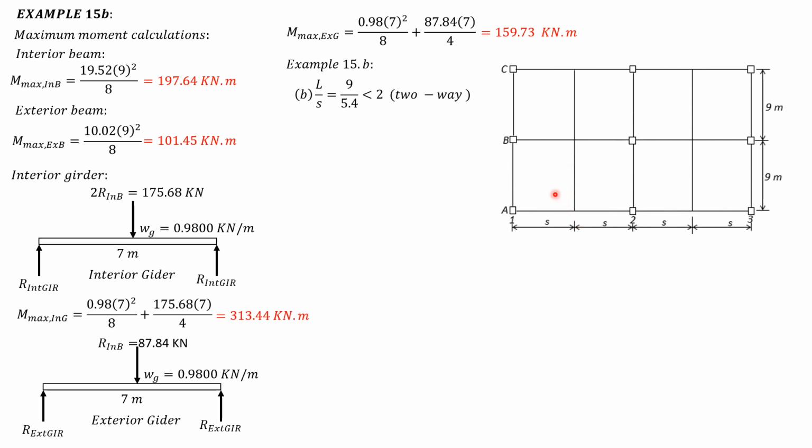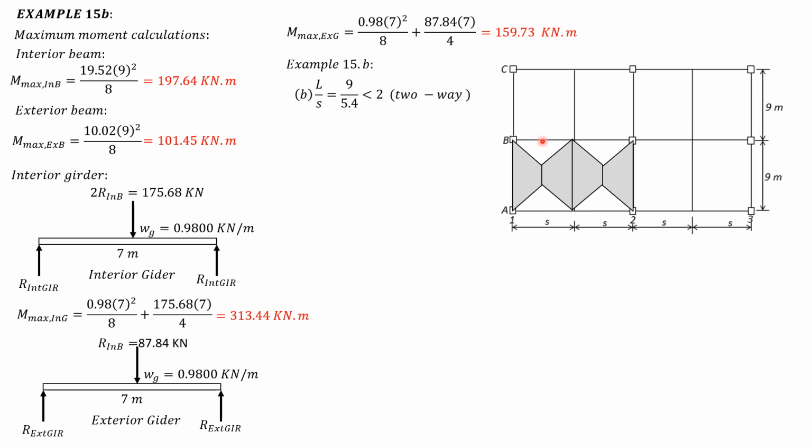We have a 45 degrees line, 45 degrees line, then also on the other side, 45, 45. Then for the exterior beam, it should be a trapezoid. So the floor will be half of the floor in the interior beam. Then for the exterior girder, we have these triangular loadings.